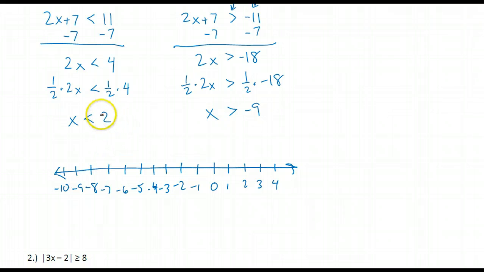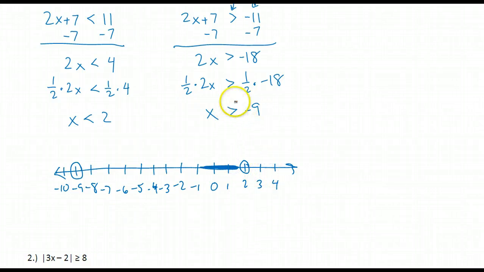And my two critical values are 2, I'm going to put an open dot at 2, and negative 9. I'm going to put an open dot at negative 9. Now I want to include all the points that are less than 2. Well, the points less than 2 are to the left of this dot.